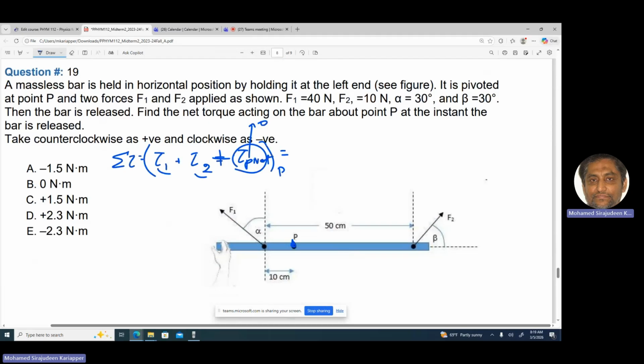Shall we start with F1? Just for the sake of learning purposes, R1 will be this, right? F1 will be this. Well, F1 perpendicular.